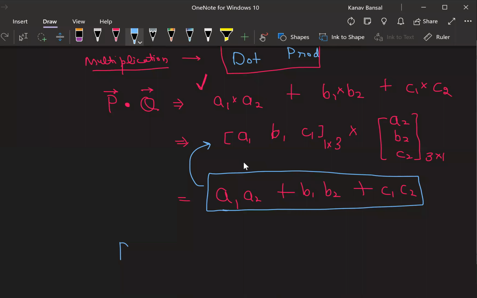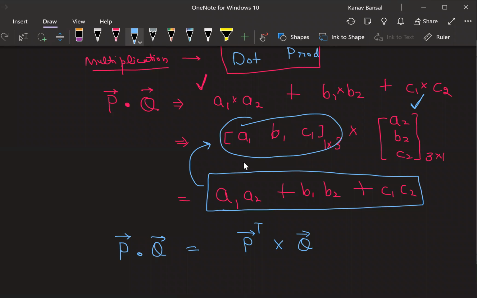In simple terms, P vector dot product Q vector is nothing but equal to taking the P vector's transpose and multiplying it with the Q vector. So this is the transpose format, whereas this is the actual format of a vector, right?